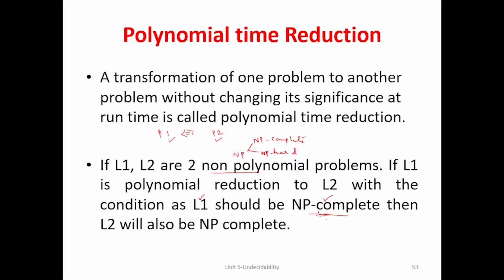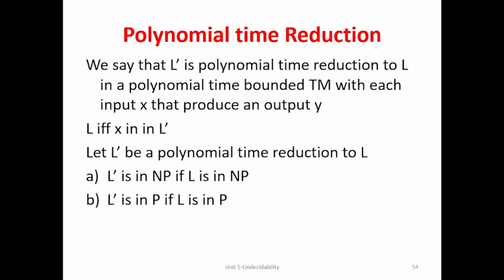So based on the definition of NP complete, if L1 is polynomially reduced to L2, then L1 should be NP complete. If L1 is NP complete, then L2 will also be NP complete. So this is the polynomial time reduction concept.